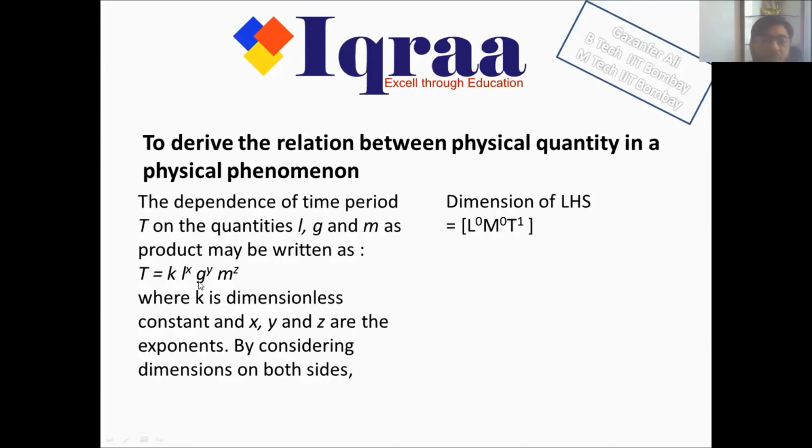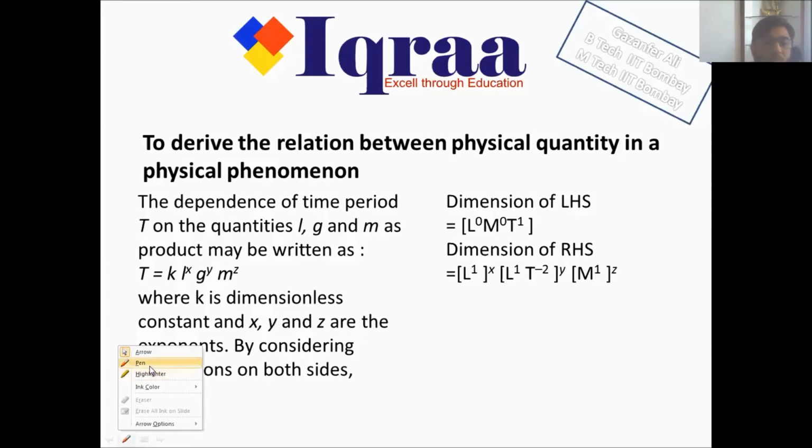If you look at the dimension of the right hand side, we'll write length as L to the power 1. G is basically acceleration due to gravity, so we'll write it L to the power 1, t to the power -2, and mass is m to the power 1.